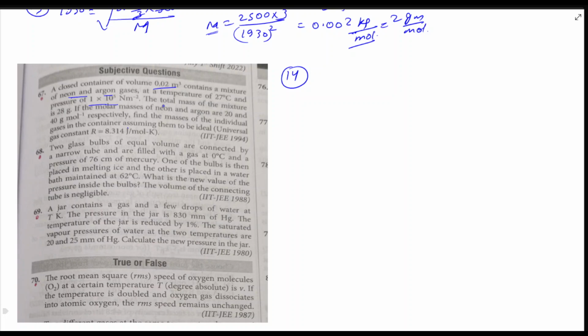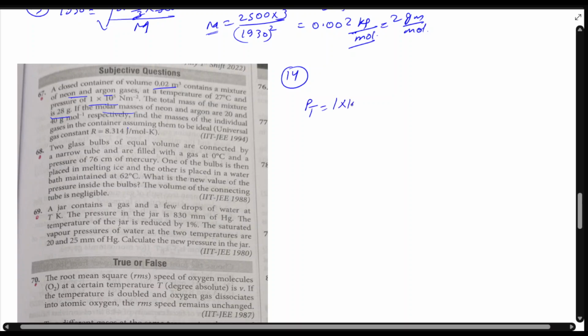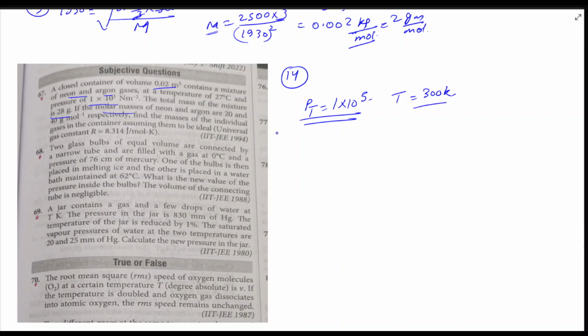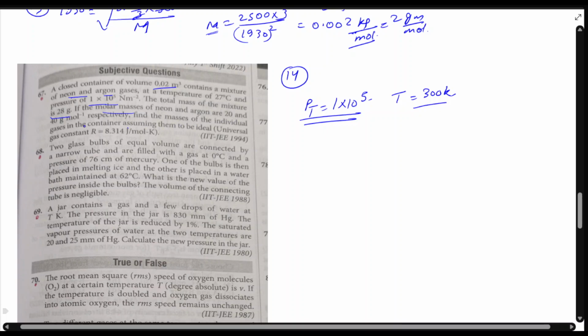The total mass of the mixture is 28 gram. The molar mass is this, and the masses of individual gases in the container. So the total pressure is 1 into 10 raised to power 5, and the temperature is 300, right? So the total mass is given.